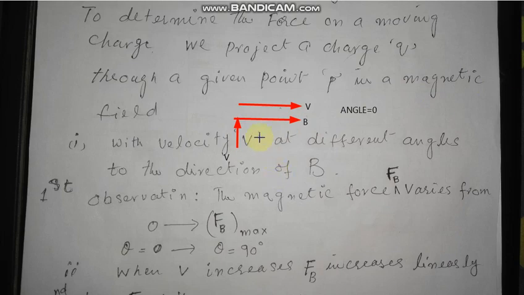So we will project it at different angles, at different theta. Here you can see B and v are making different angles.